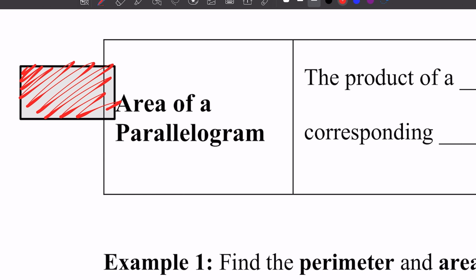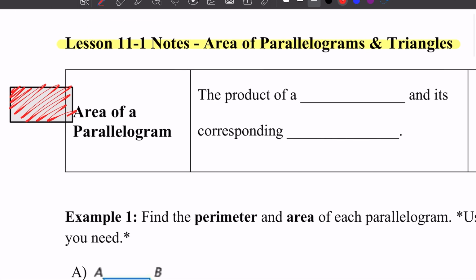So the first thing that we're going to be dealing with here is the area of a parallelogram. Now, the area of a parallelogram is the product of a base and its corresponding height. Product just means multiplication, so I'm multiplying the base and the height together.